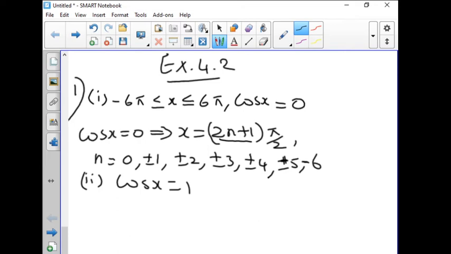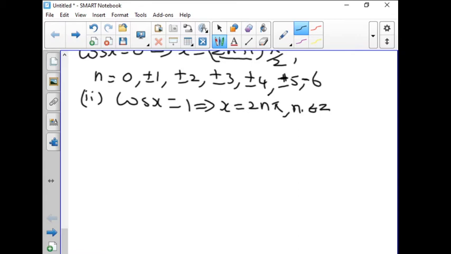So see here, cos x is equal to 1. So here it is x is equal to 2n pi, where n belongs to Z. So what are the values of n? n is equal to 0, plus or minus 1 and plus or minus 2, because what is the range? Minus 5 pi less than or equal to x, less than or equal to 5 pi.